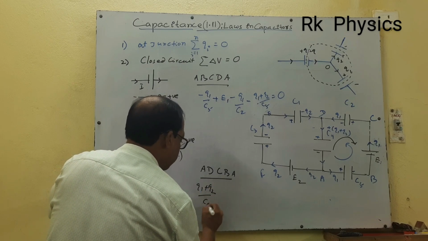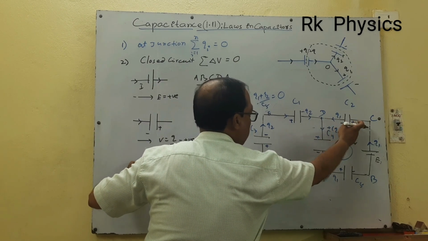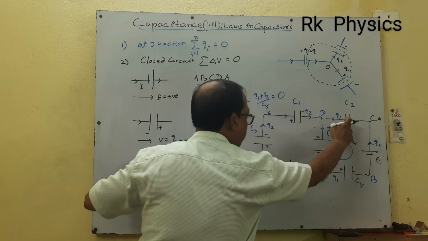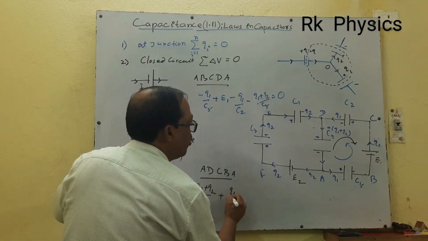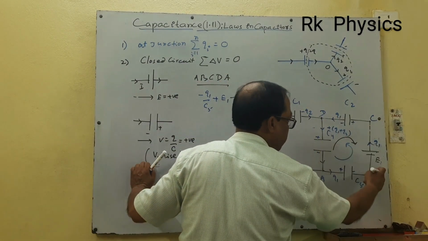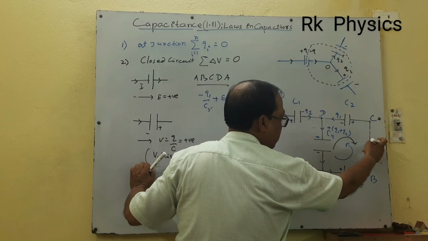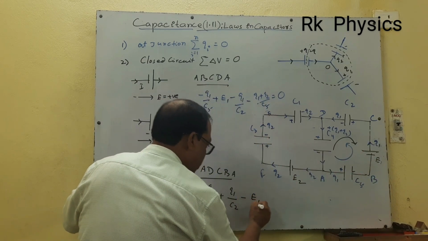This is positive. Then go to, this is again plus to minus, your direction is opposite to this. So minus of minus, again this is Q1 divided by C2. Then comes to CB. CB, your direction is opposite to E1. Therefore minus E1 is minus.